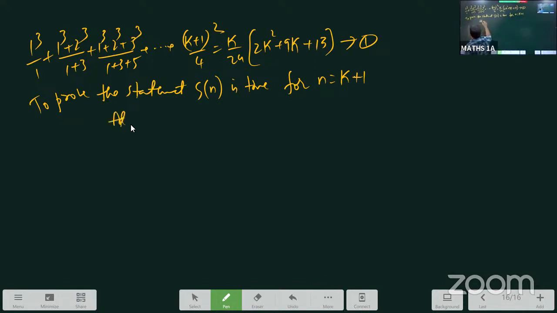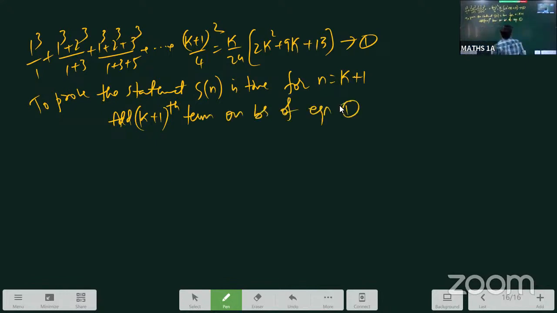For that, what should I do? Add the k plus 1th term on both sides of equation 1.